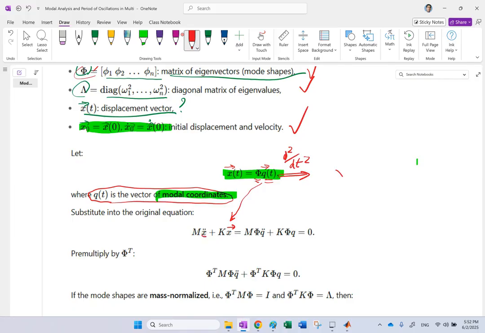So from here, you can see that x double dot, because phi is a bunch of constant numbers, is going to be phi times q double dot. So that one is going to sit right here. And they are multiplied by m and k, so we get m phi q double dot plus k phi q equals 0. So now this is my equation in this new system.